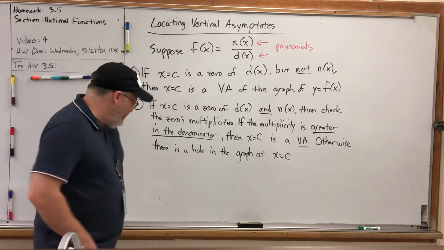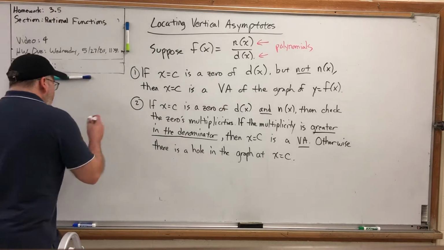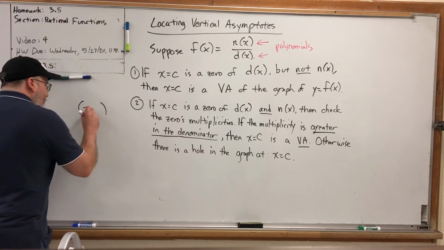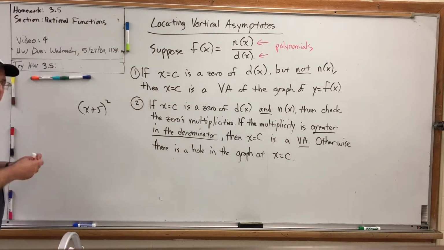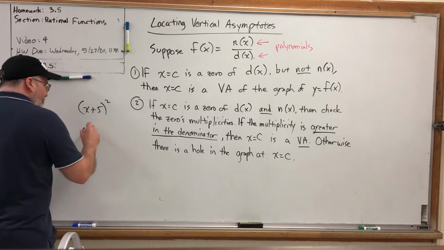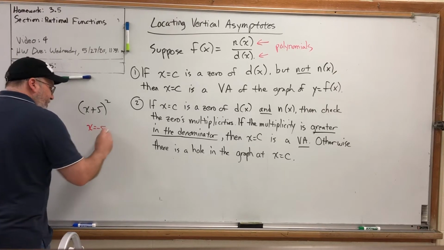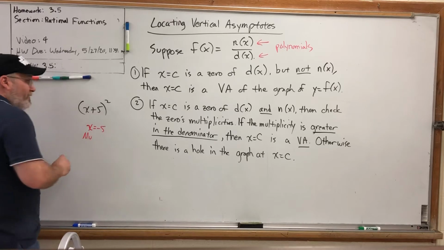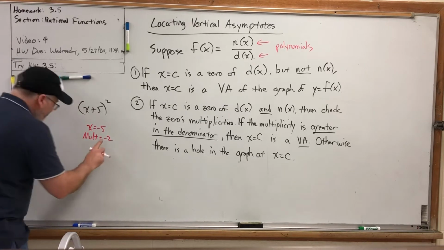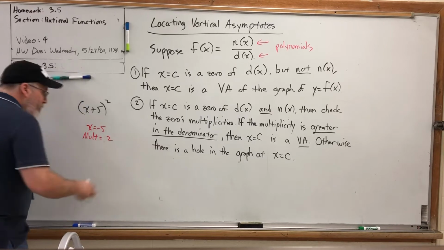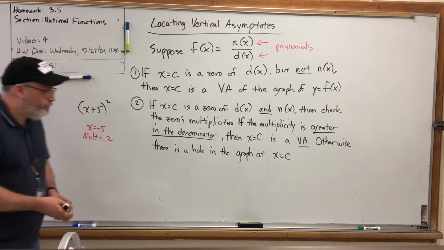Recall that multiplicity is the power on a factor. So for example, if we said x plus 5 squared and we put that equal to 0 and solve it, we would get x equals negative 5, and the multiplicity would be 2 because that's the power of the factor.